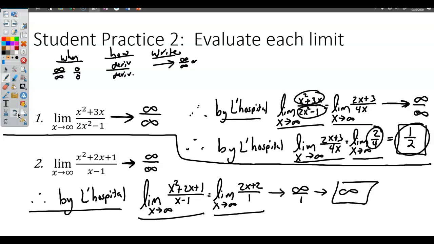I don't think it's really technically right, although they didn't say this to me, but I don't think it's technically right to put equals infinity either, because infinity is not a number. You can't equal infinity. You can approach infinity. So I think arrows will be a good way to go with this particular problem. But there you guys have it. So the answer to number 2 then is just basically infinity, because infinity over 1 is infinity. All right.